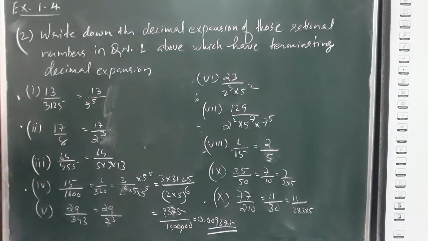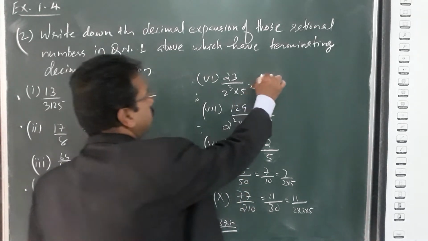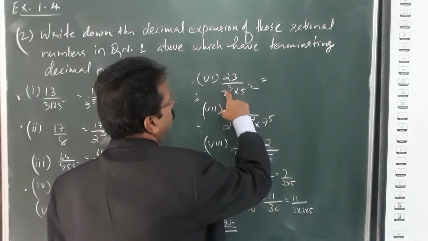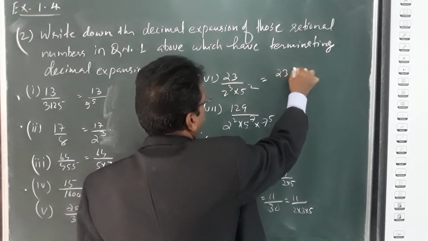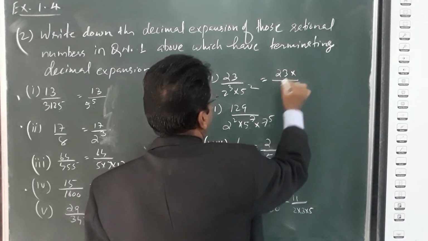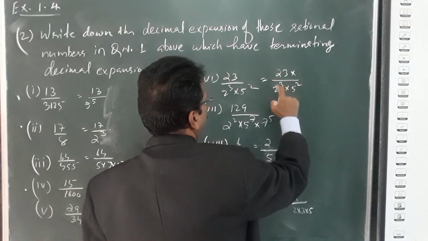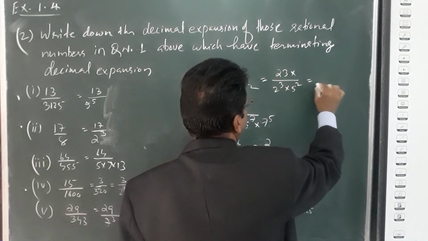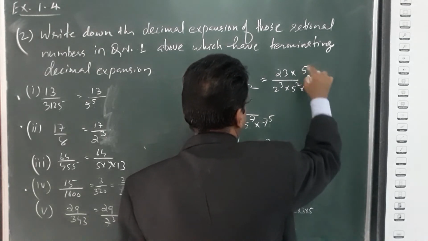Now question number 6. You have to multiply. 2 raised to 3 is there and 5 square is there, so 23 divided by 2 cube into 5 square. Here exponent is 3, here exponent is 2. Then you have to multiply numerator and denominator by 5.